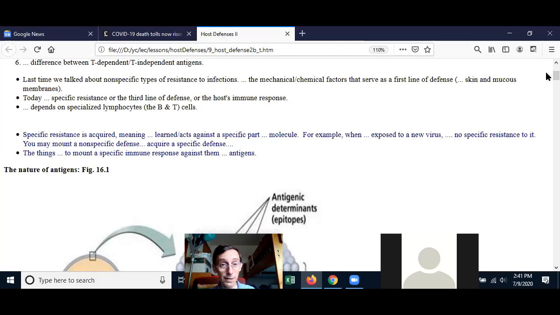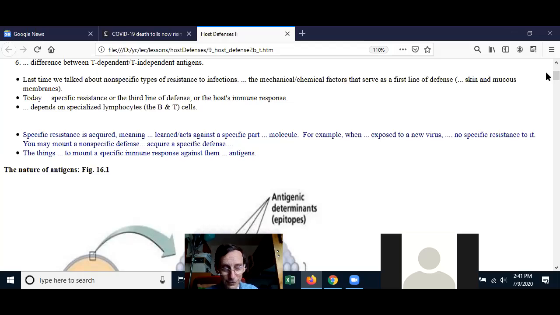And what it's doing is mounting an attack against specific molecules of the pathogen, in this case COVID-19. The specific molecules we're talking about are generally the external molecules on the pathogen.